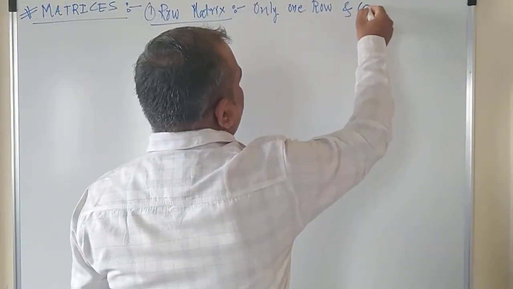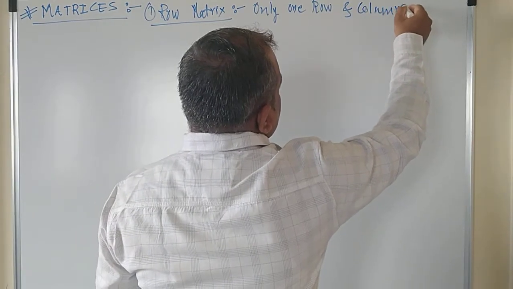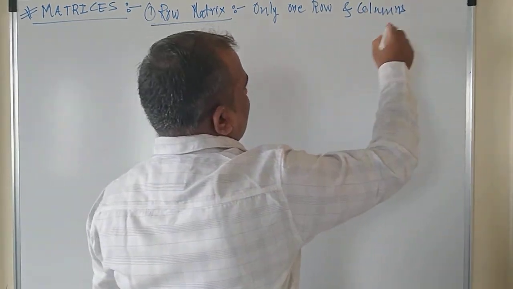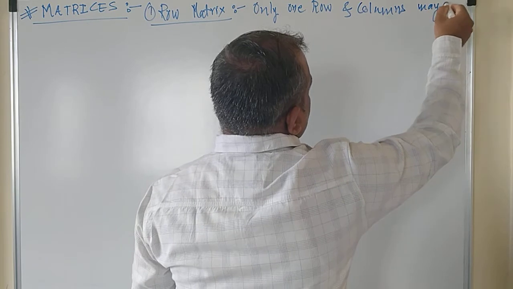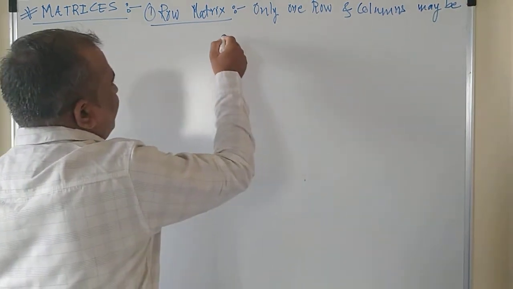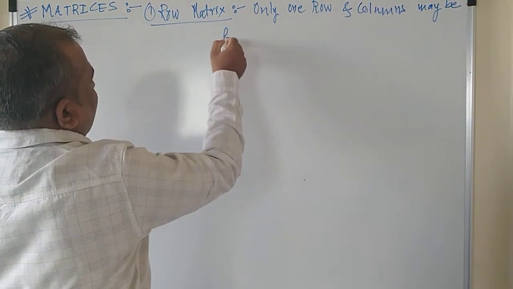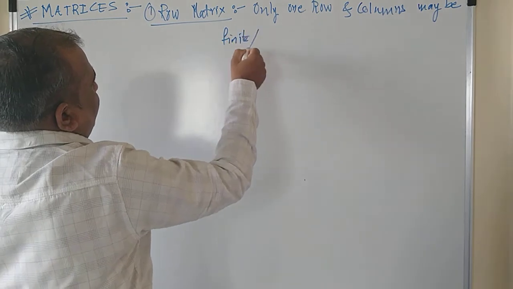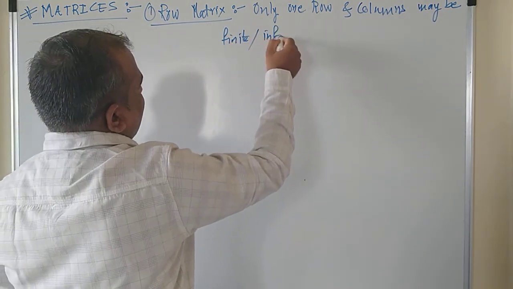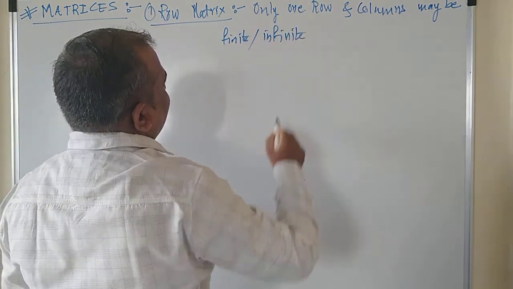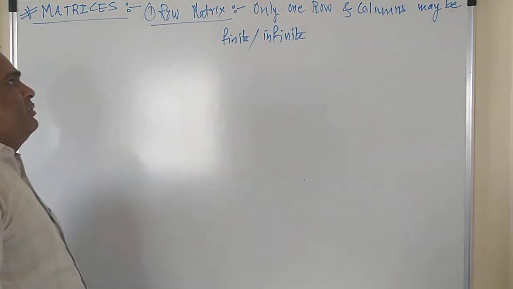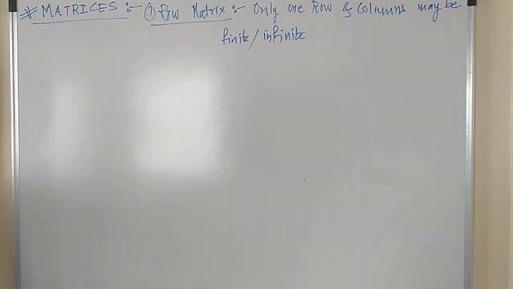There may be infinite columns. There is no condition on columns. Columns may be finite or infinite. Then this kind of matrix is called a row matrix, right?